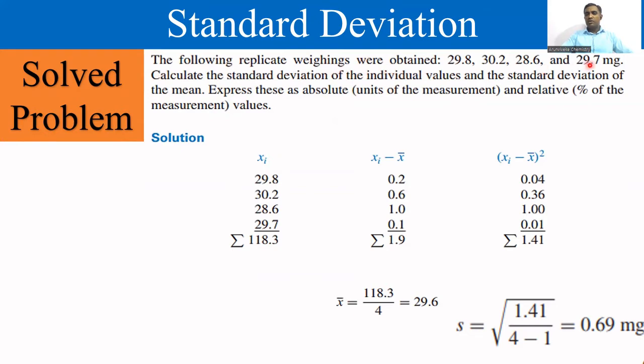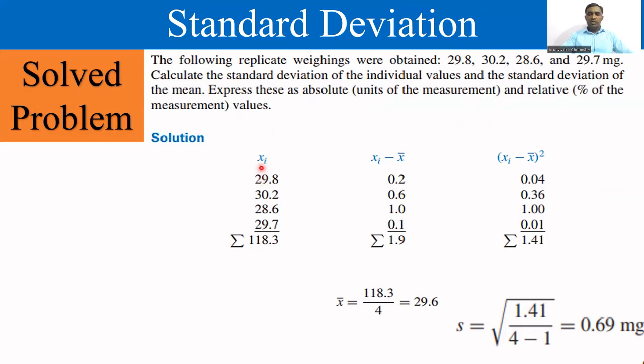You can imagine a student is taking the weight of a substance and he gets 4 different readings of 4 different samples, represented in milligram. You are asked to calculate the standard deviation of the individual values and the standard deviation of the mean, and express these as absolute and relative values.